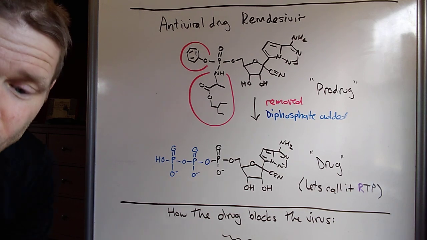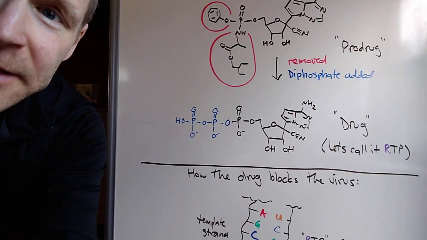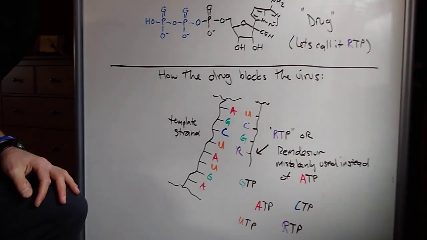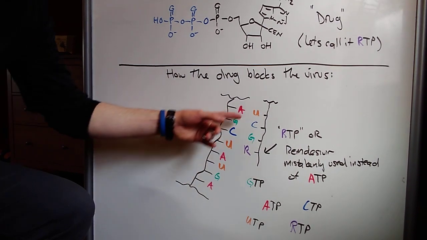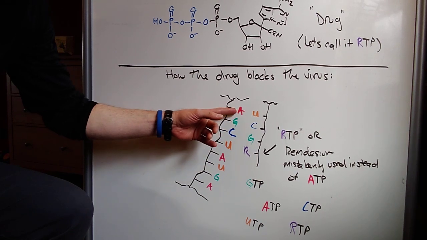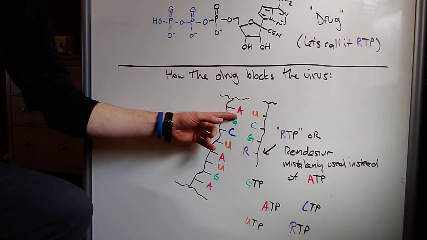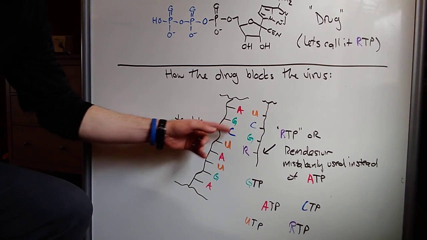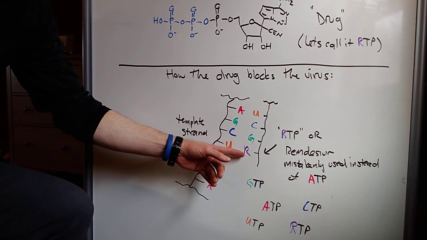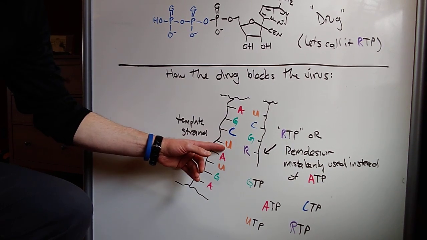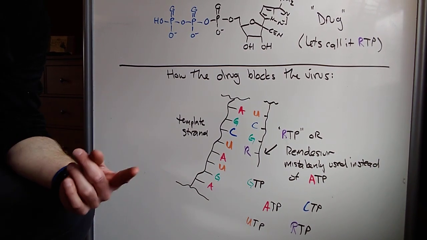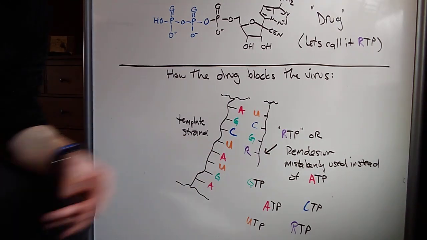So how the drug works is it gets into a virally infected cell, and let's say that the RNA polymerase machine is laying down the complementary base, like a U opposed to an A, a C opposed to a G, etc. Every once in a while, when what's called for is an adenosine paired to a uracil, the enzyme will make a mistake and mistakenly incorporate remdesivir.